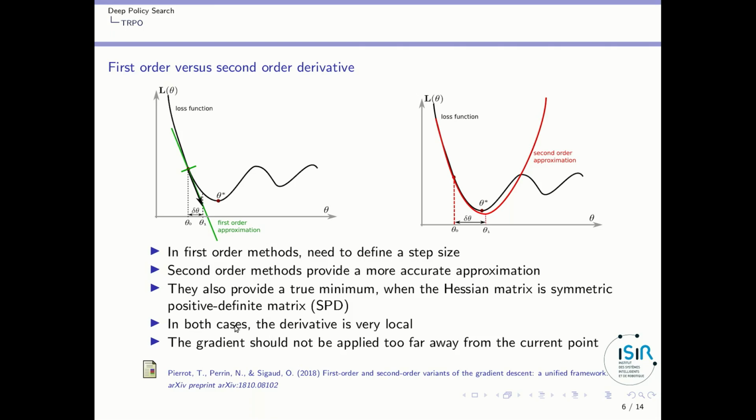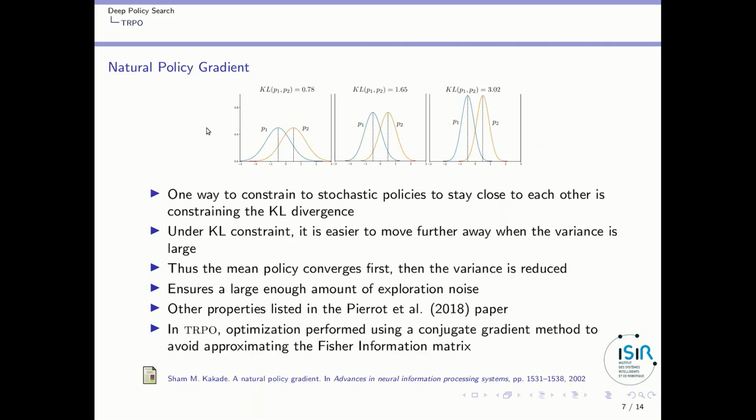So in both cases, irrespective of whether you use a first order or second order approximation, the derivative is very local. It's less local when you use the second order, but it's still local. So the gradient should not be applied too far away from the current point, as I explained before. So if I want to use natural policy gradient, I will constrain the stochastic policies to stay close to each other by using the KL divergence, as I explained to you before.